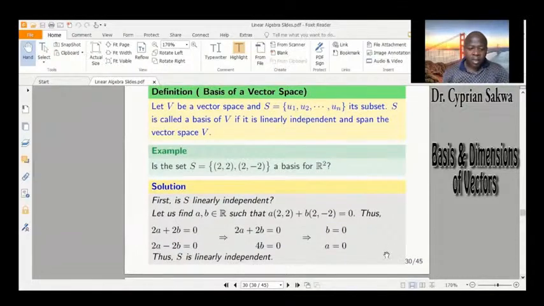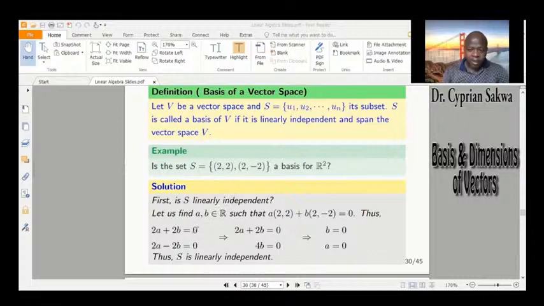Or we can use the approach I used earlier, where I try to obtain scalars A and B such that A times the first vector plus B times the second vector gives me 0. Of course, that is the definition of linear dependence and independence. If these two scalars exist and they are non-zero, then the vectors will be linearly dependent.